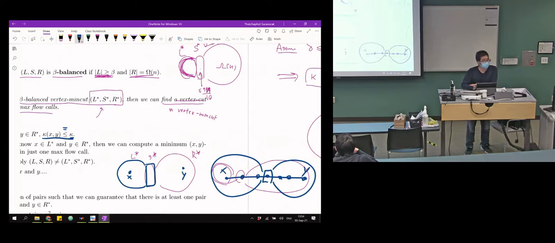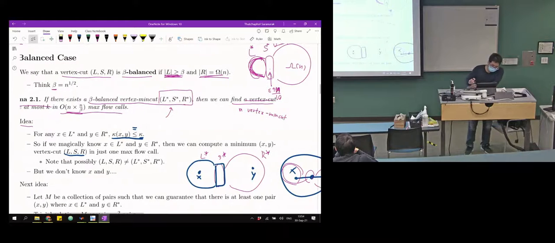Why? Oh, because we assume that kappa is the smallest vertex cut. So L, S, R is a vertex min cut. So if this is at most kappa, then it must be equal.